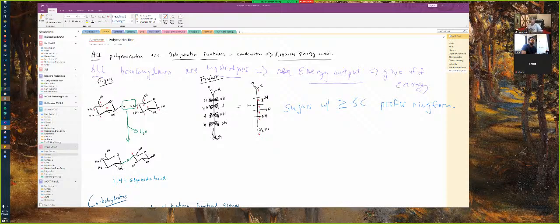You draw it like this line, and these wedges mean that it's going into the paper, and these black wedges mean it's pointing out towards us. And so I redrew it here, and I numbered the carbons 1, 2, 3, 4, 5, and 6.